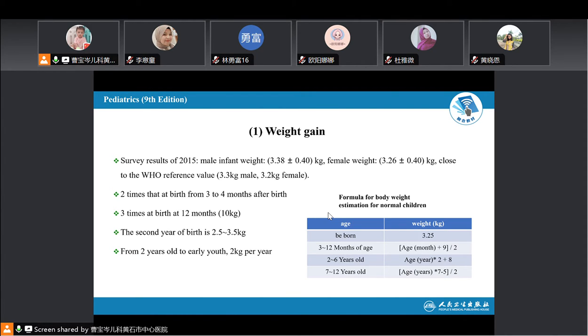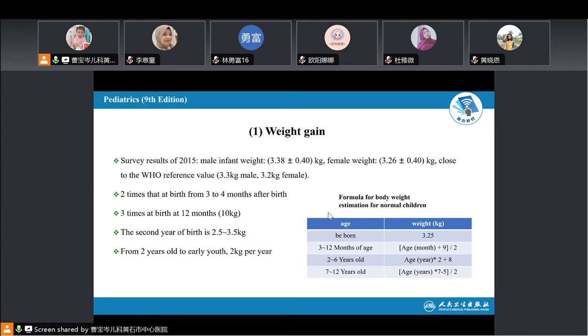Weight is 2 times that at birth at 3 to 4 months after birth, and 3 times birth weight at 12 months, about 10 kilograms. The weight gain in the second year is 2.5 to 3.5 kilograms, and from 2 years old to early childhood the weight gain is 2 kilograms per year.